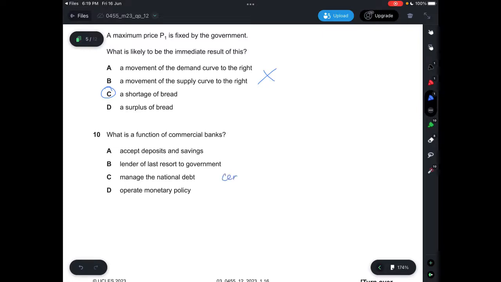Your central bank would be lending money of last resort to government, managing national debt, and also operating monetary policy. Monetary policy is basically handled by the central bank, right? But if it's deposit and savings, this will be done by the commercial bank. It's basically where folks like us would be saving money, all right? So answer is A.